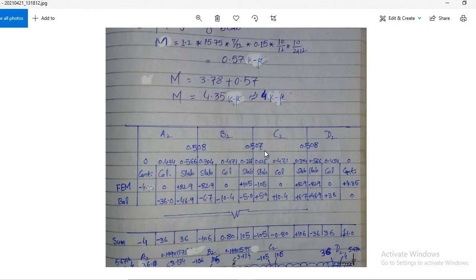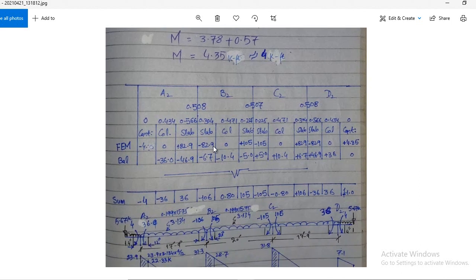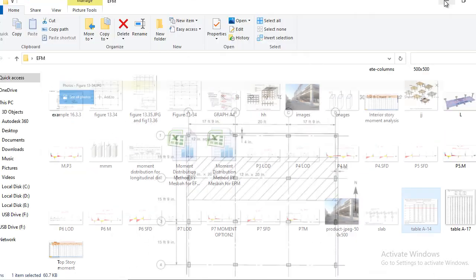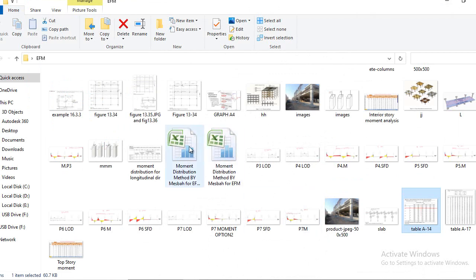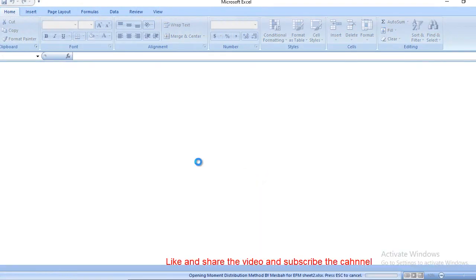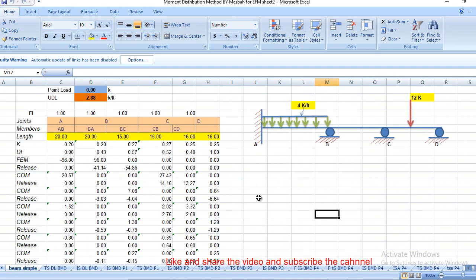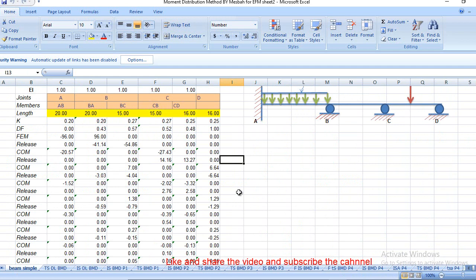Now you have to run the moment distribution table, as we did in example number 1. Let me show you. I think I ran this table here, but not this one.